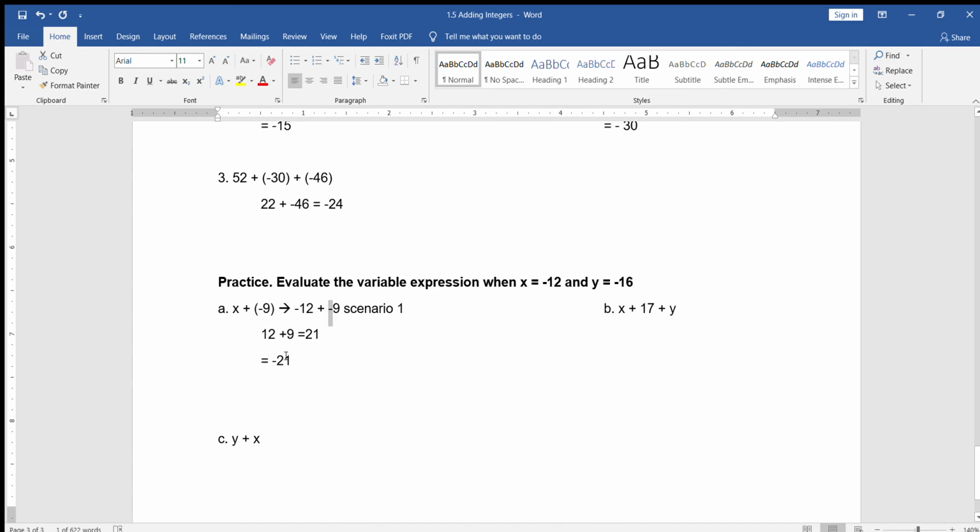Now let's try B. B is a bit, no, not a bit easy, my bad on that. First thing first, we write the variables as numbers. So x becomes negative 12 plus 17 plus negative 16.